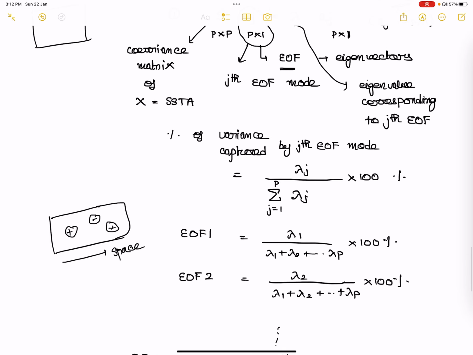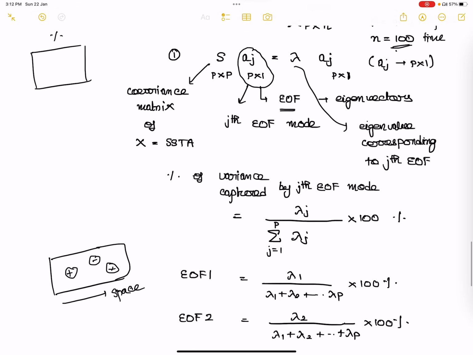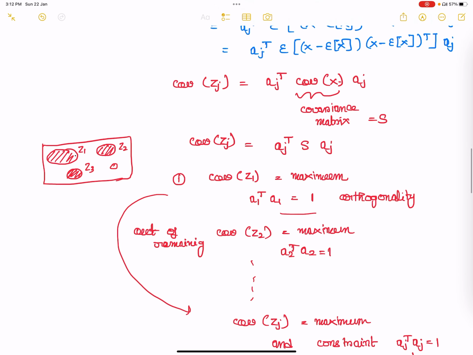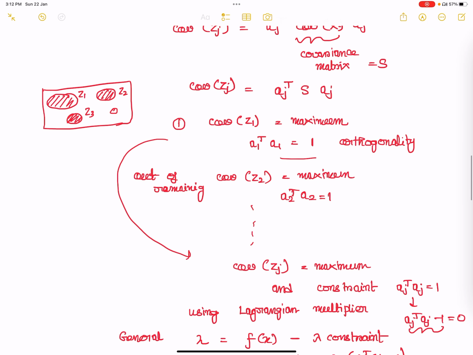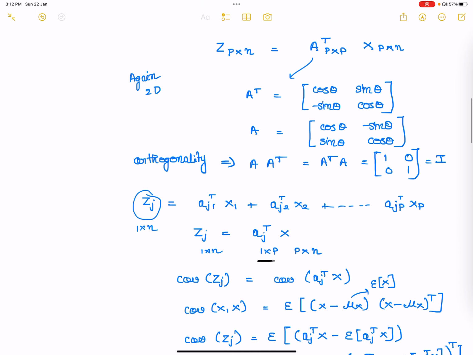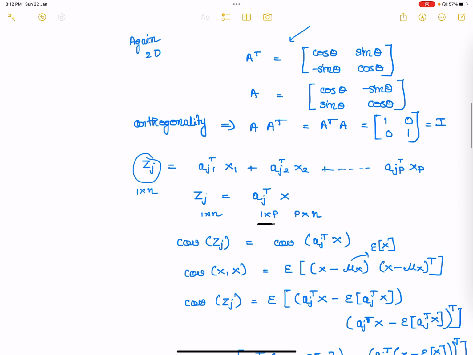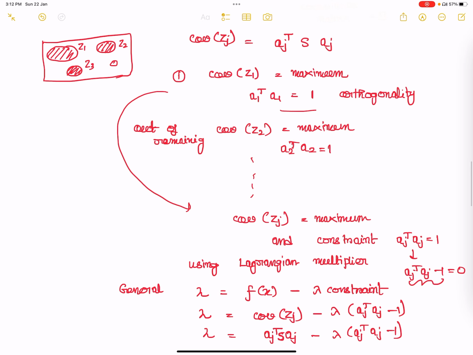And lambda 1 will be maximum, because we have seen that the variance of Z1 is the maximum, and then it goes like this. Variance of Z1 is much greater than variance of Z2, which is greater than variance of Z3, and so on.